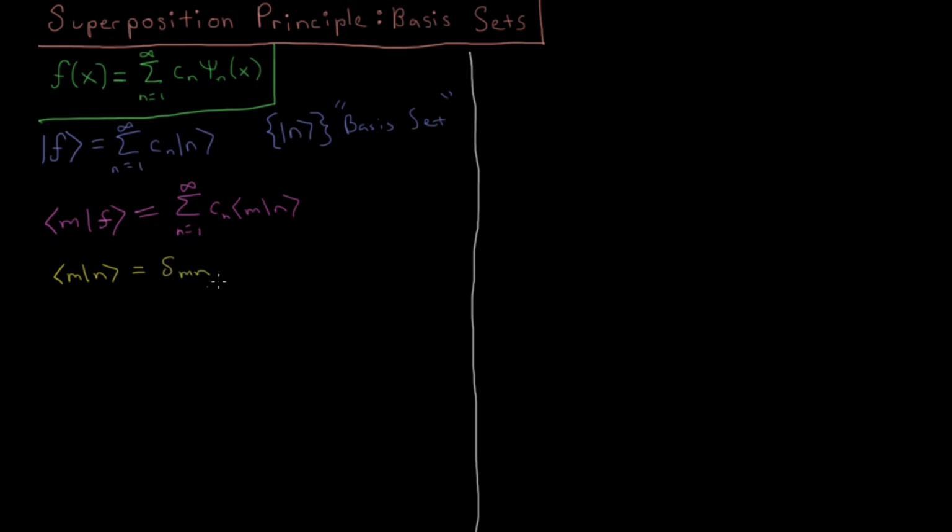Kronecker delta mn. So this function delta mn equals two possible values. It equals 1 if m is equal to n, so delta 1 1 equals 1, delta 2 2 equals 1, etc. And if m is not equal to n, it's 0.